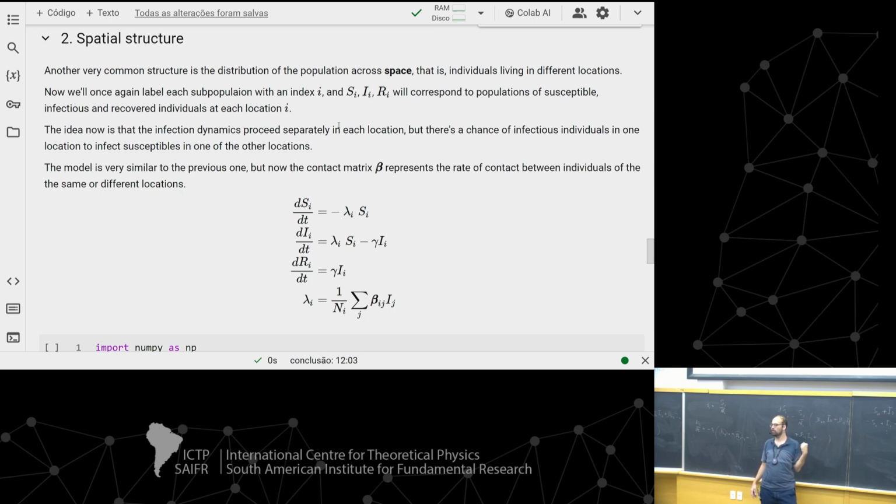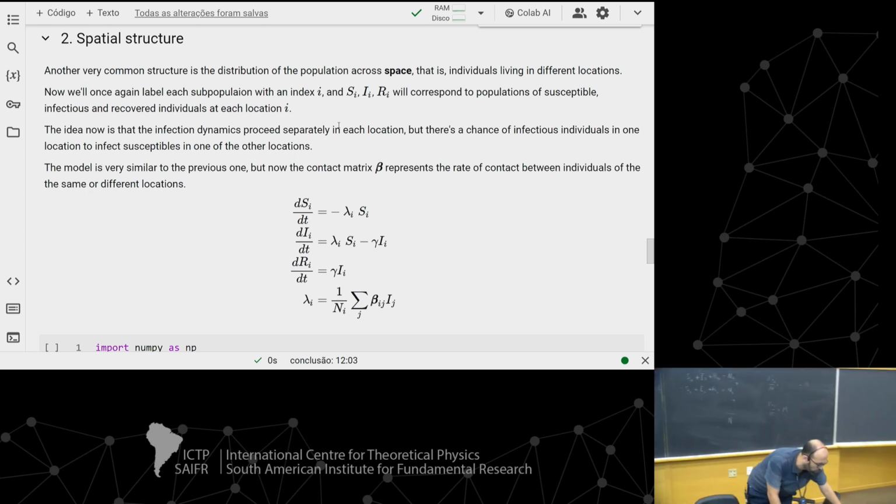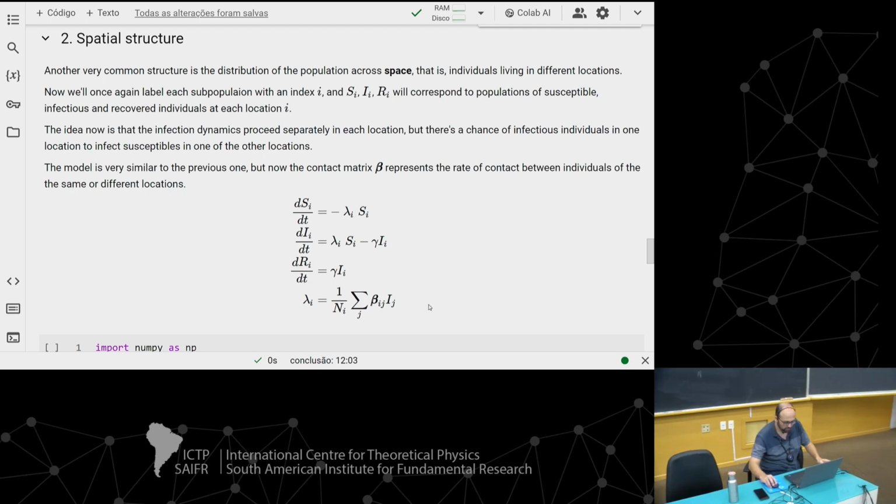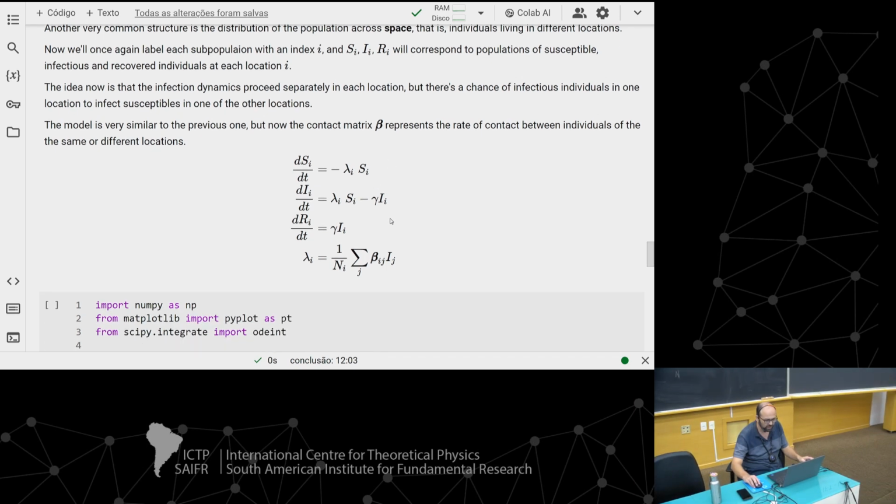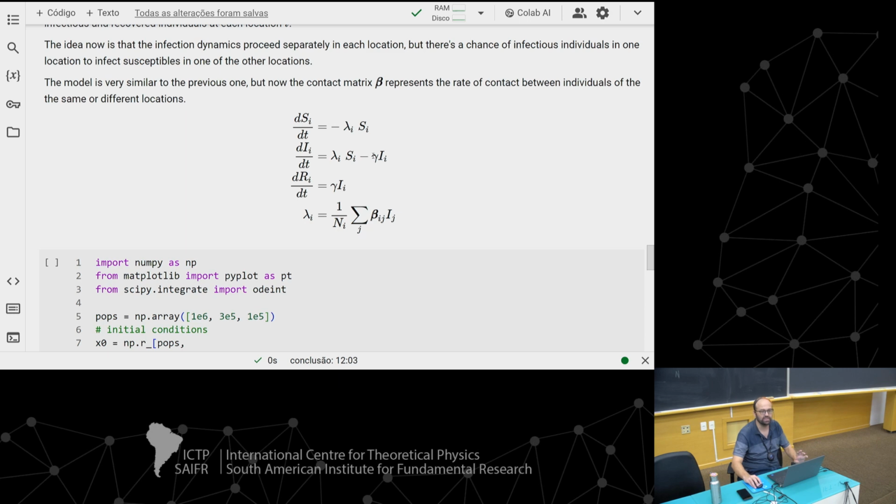Makes sense? So we build the model like this. Once again, we will have a lambda here, and I will assume that gamma is the same, since the disease is the same and people don't change that much among cities, so they should have the same recovery rate.